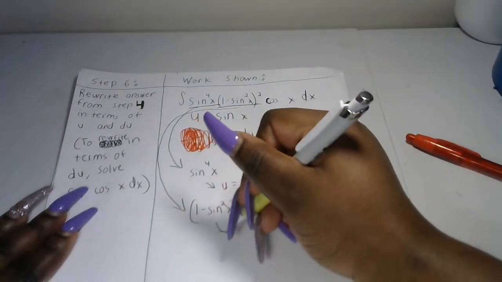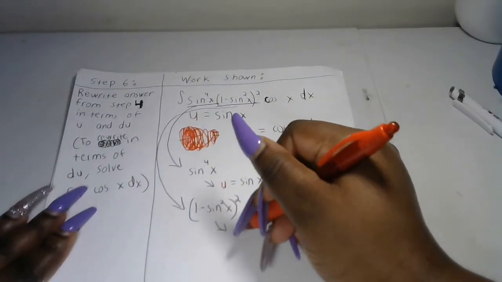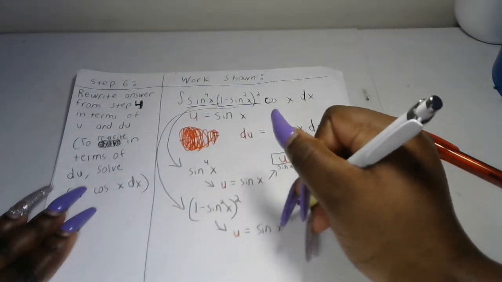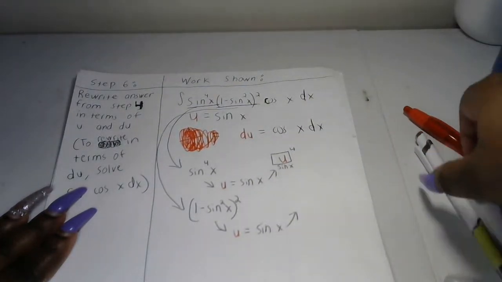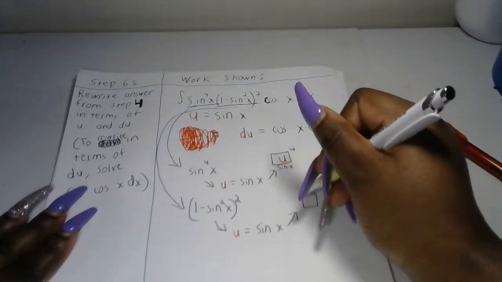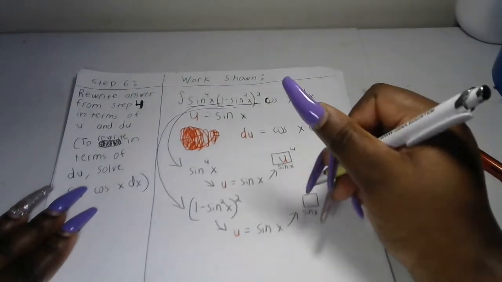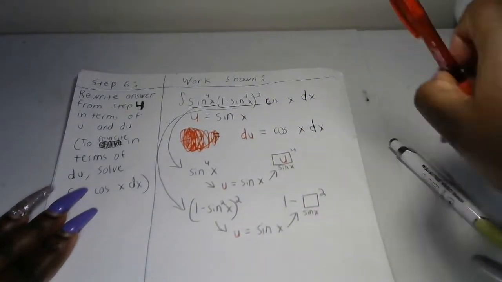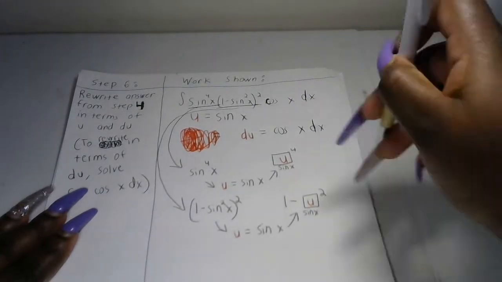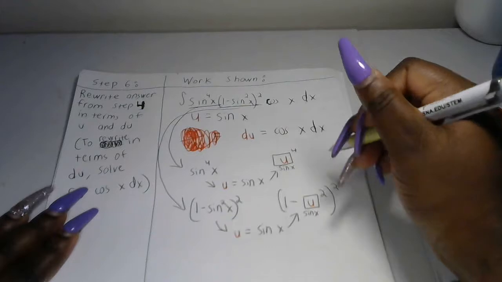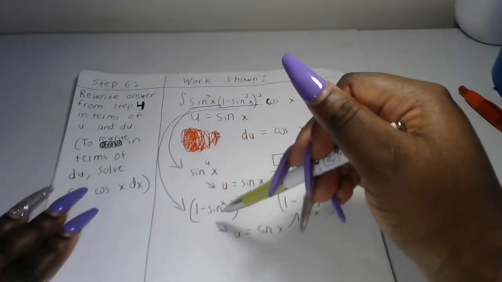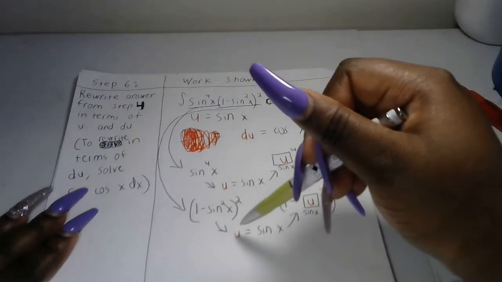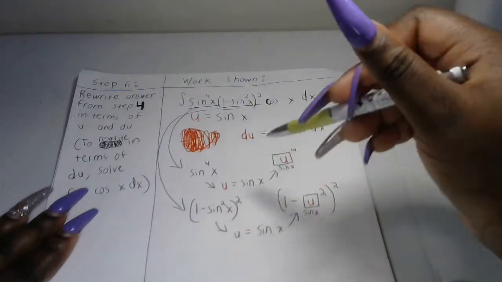Like we said before, u is equal to sine x. So everywhere we see sine x, we're going to put u instead. I'll put this box here to resemble sine x, and sine x here was squared. So what we would get is 1 minus u squared, and then all of this to the power of 2. Everywhere we see sine x, we replace it with u.